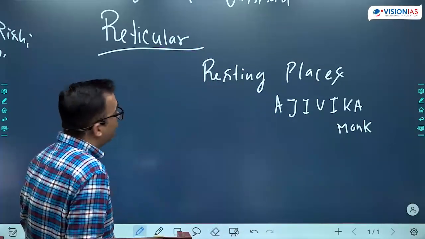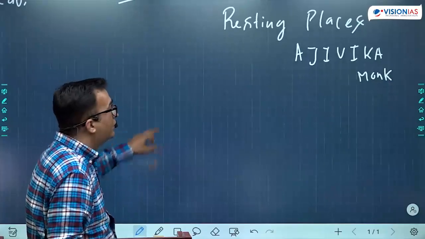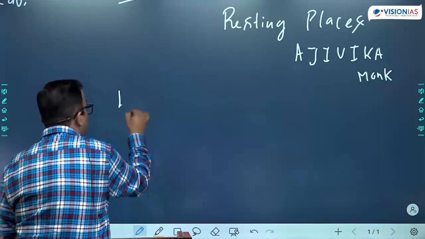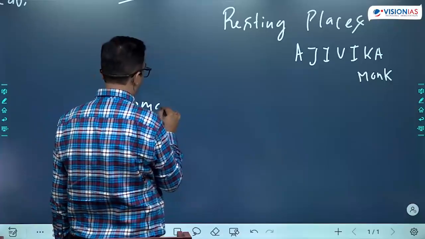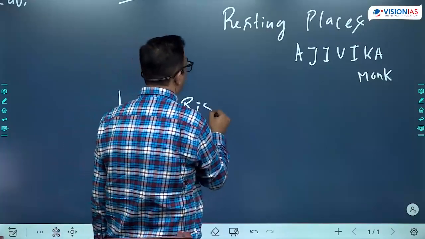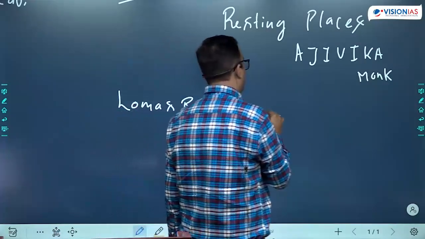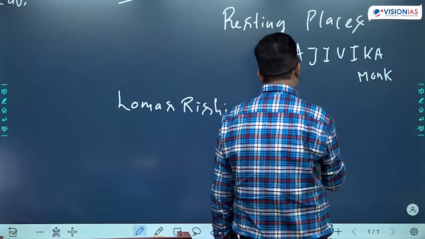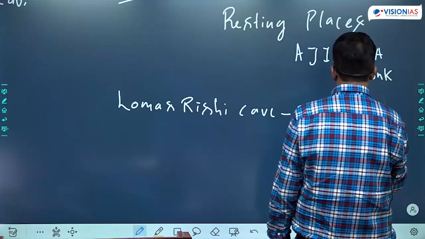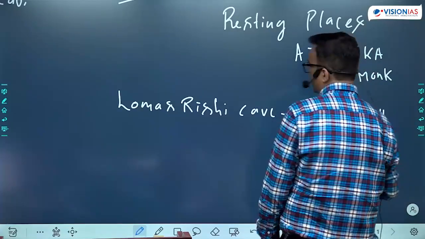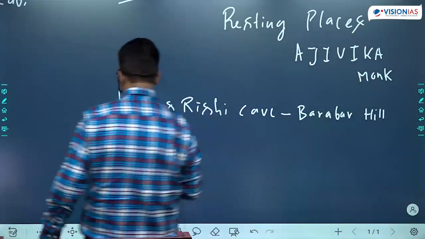Examples you write. So the first example, you mention Lomas Rishi cave, Barabar hill, Jahanabad district of Bihar.